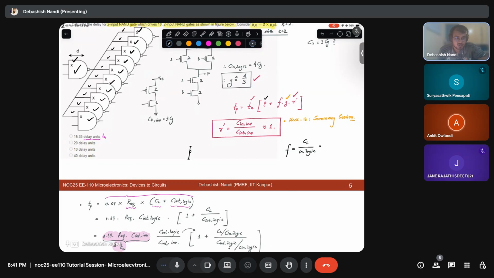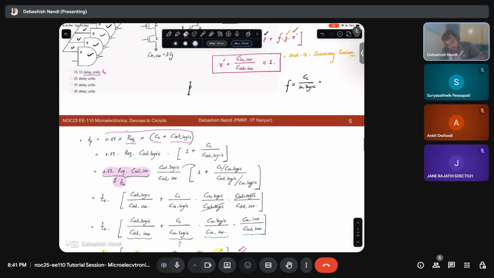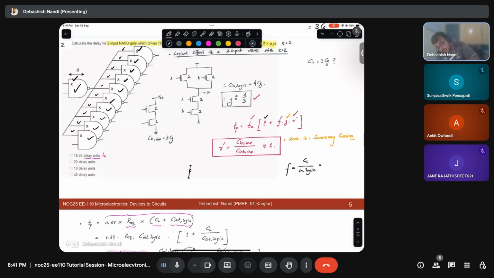Yes, sir. So in this case, you have a cheat code that you can directly tell F is equal to 10. But just for the sake of completion, what is your C in logic? This and this, right? 2CG and 2CG. So C in logic is 4CG. So 10 times 4CG.